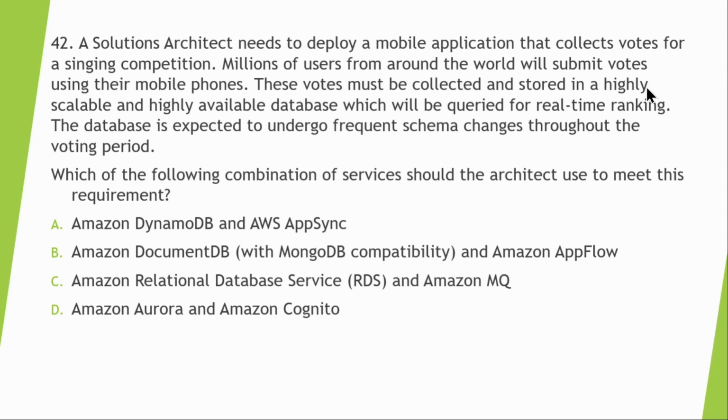First of all, we have already seen that frequent schema changes means DynamoDB, right? So when you see frequent schema changes, DynamoDB should come into your mind. We have it in only one option, so this is the correct option. We'll discuss why the others are not correct. DynamoDB is a durable, scalable and highly available data store which can be used in real-time tabulation.